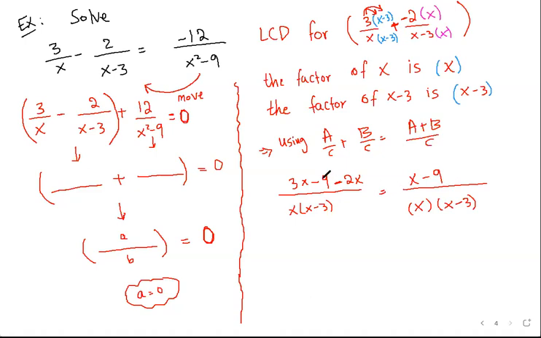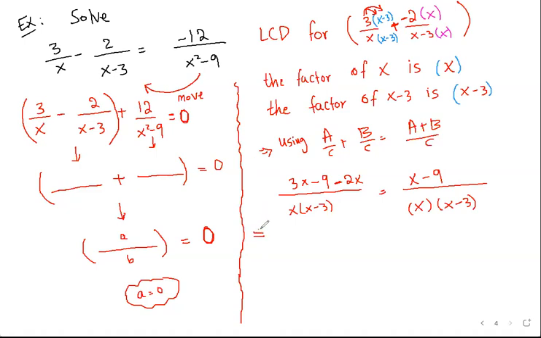Now I'm going to find again the least common denominator between this fraction and this fraction, 12 over x squared minus 9. Okay, let me do it. Before writing the least common denominator, I'll write what I get.